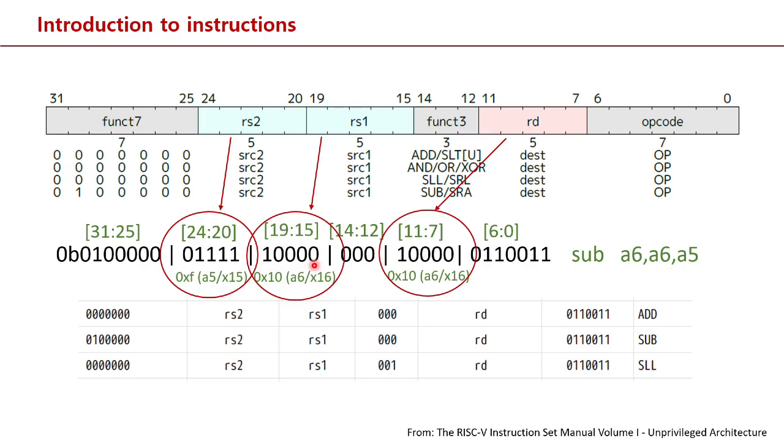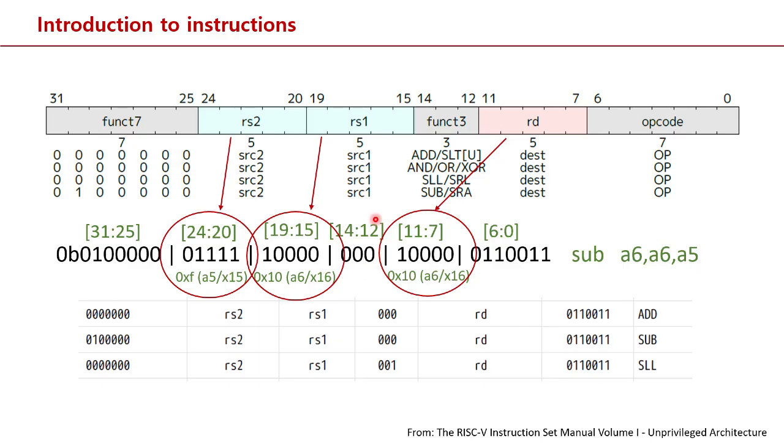But as for the second source register, inside this bit position, we have 0xF. 0xF is identical to the X15 register. The X15 register corresponds to the A5 register. For this reason, the second operand, the second source register, is the A5 register.